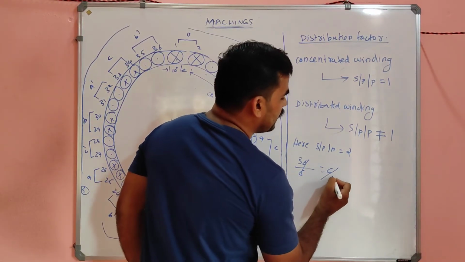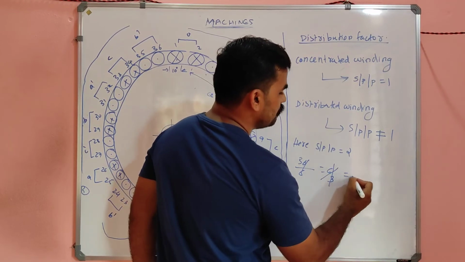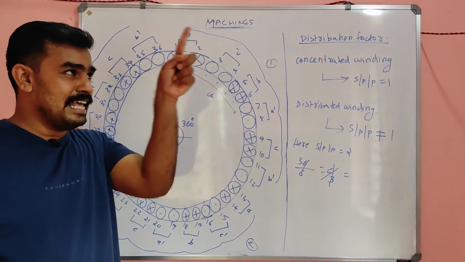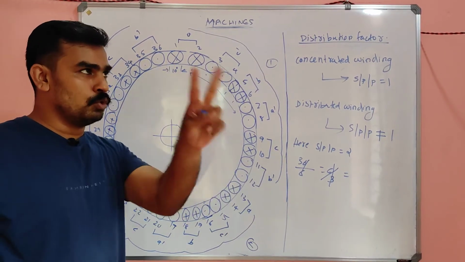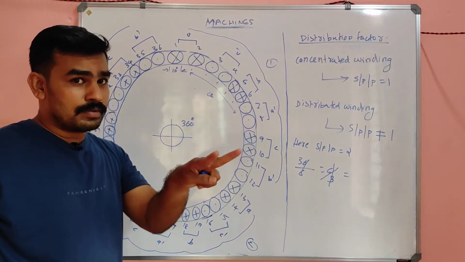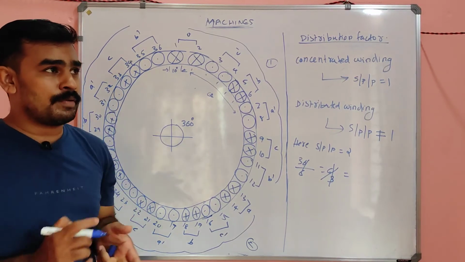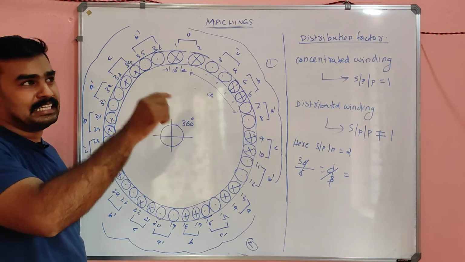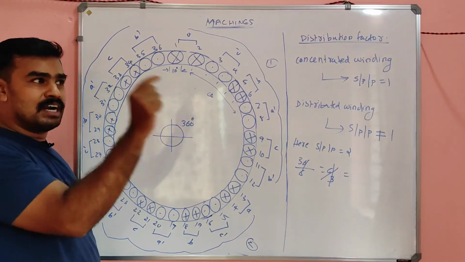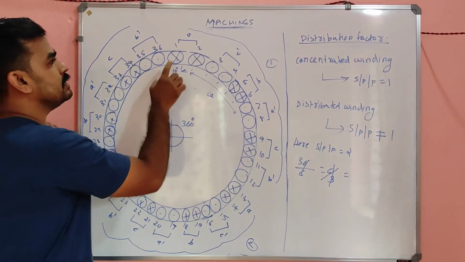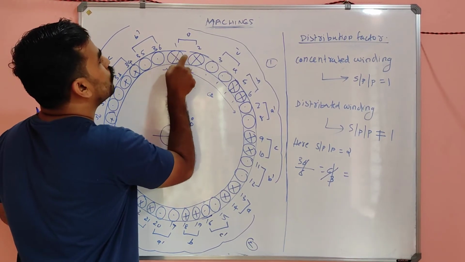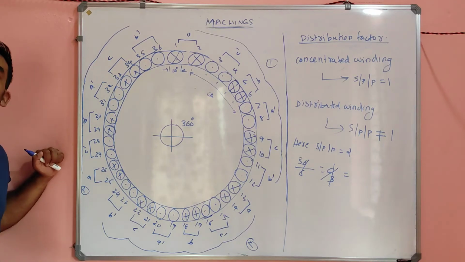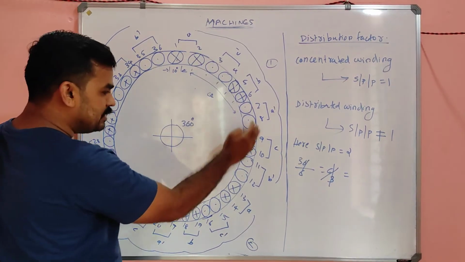And per phase means again dividing by 3, so 6 by 3, 2 slots for one pole and one phase. That means there are 2 slots for one phase under one pole. So this is called the distributed winding.